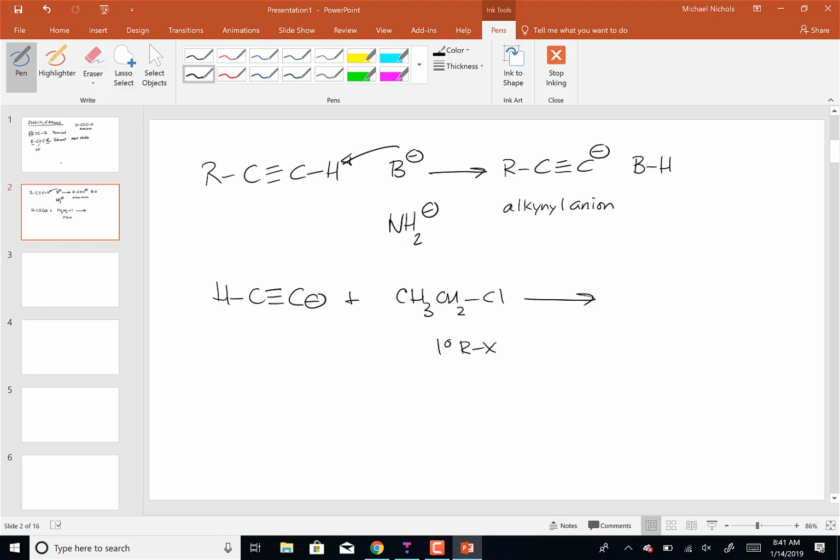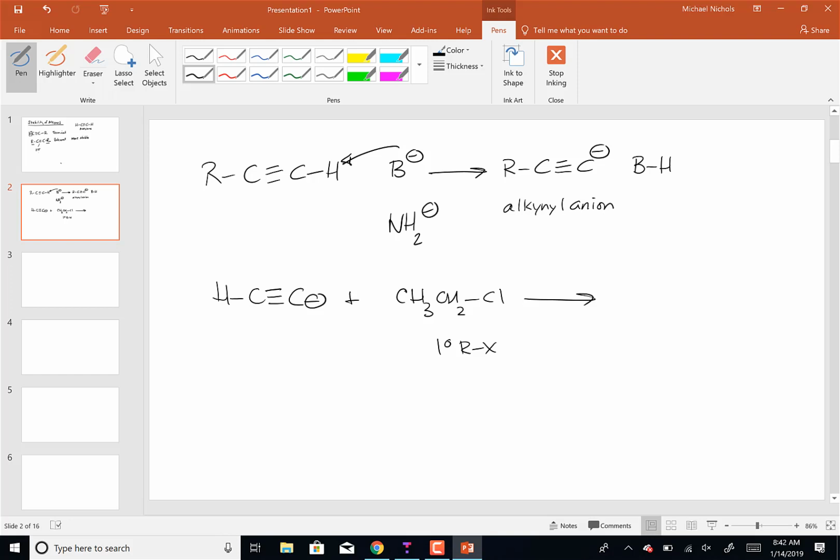If I have a strong nucleophile with a primary halide, what kind of reaction is that? Sn2. Do we agree with that? Strong nucleophile plus a primary halide would be Sn2. I agree with that.